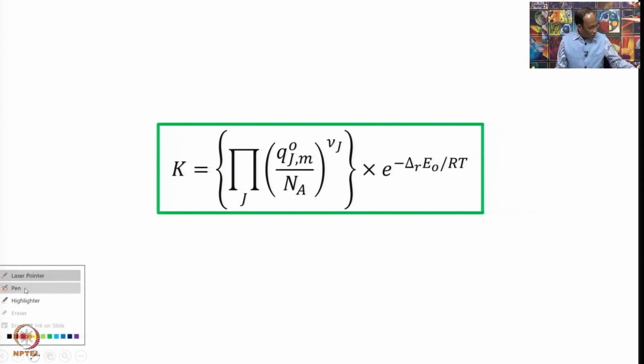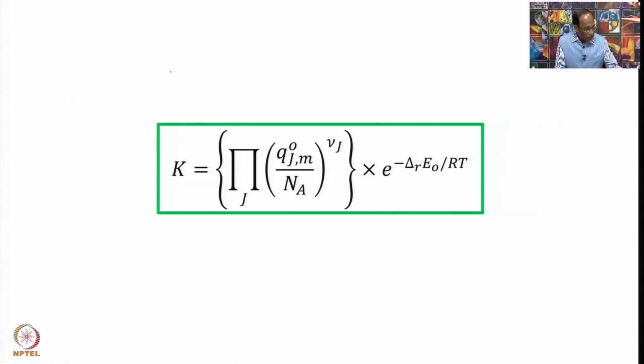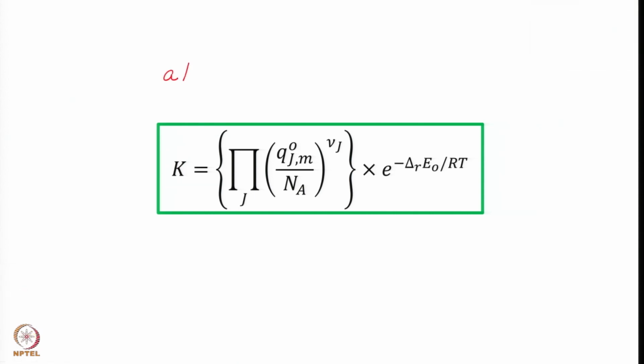We also discussed that if we apply this to a reaction, a moles of A plus b moles of B in equilibrium with c moles of C, then how to write this K?